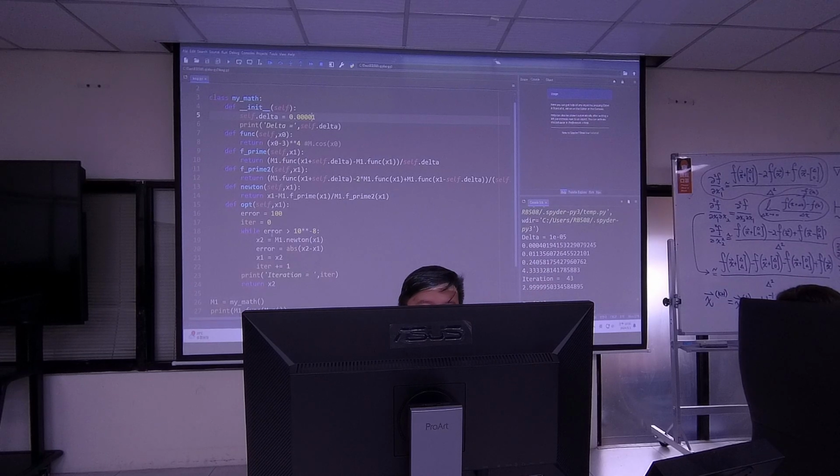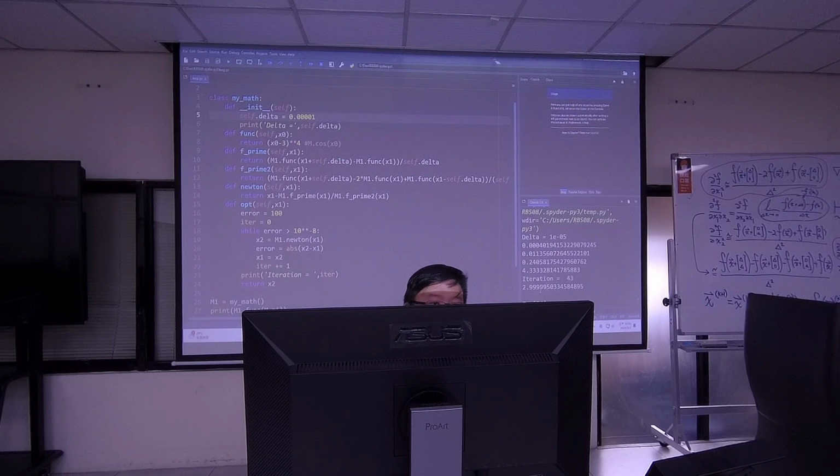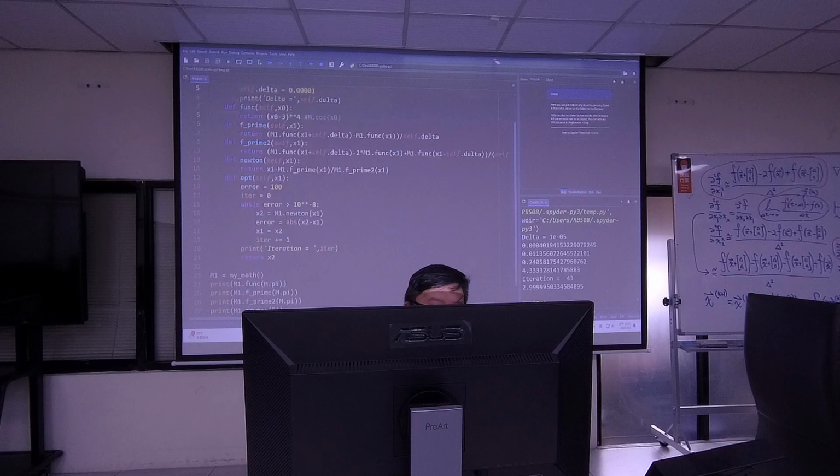Because I require greater accuracy for the error, and I use greater accuracy for delta, my f prime and f double prime approximations are more accurate. So earlier it was 2.994, now it's 2.59. It's closer to 3.